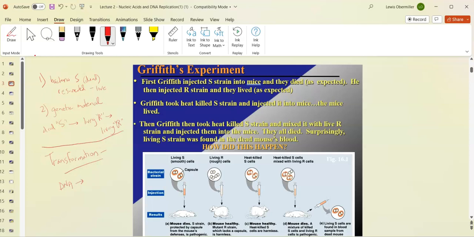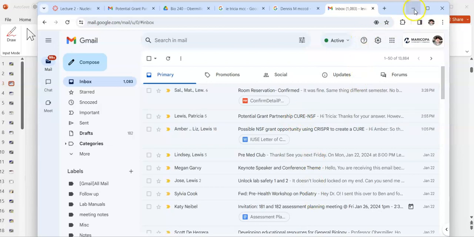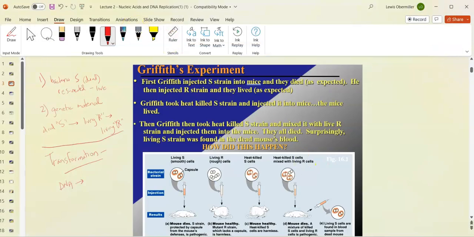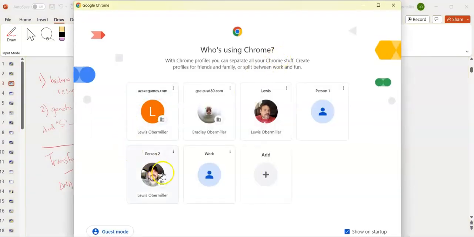So there's lots of examples of this. When I was in Singapore, they were looking at, let's see, let's open a new window. I'll be this person today. Come on.